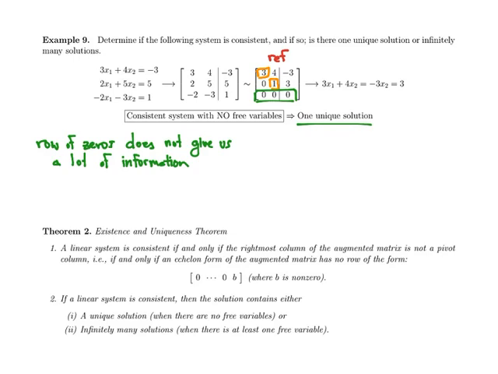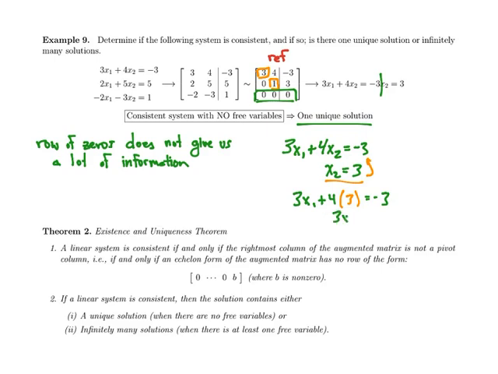We could find that unique solution. We have 3x1 plus 4x2 is equal to negative 3. And we have x2 equal to 3. If I plug in that x2 equals 3 above, I have 3x1 plus 4 times 3 equals negative 3.